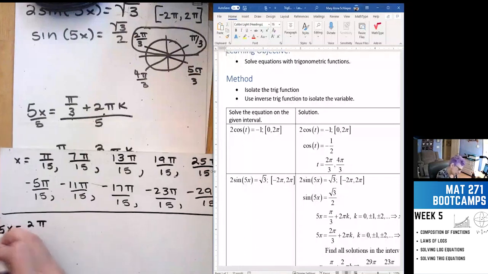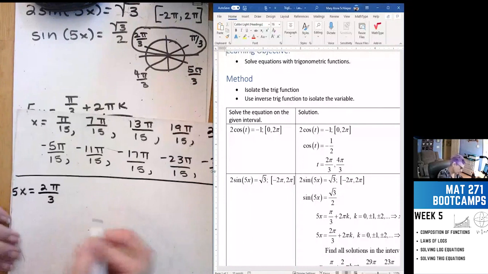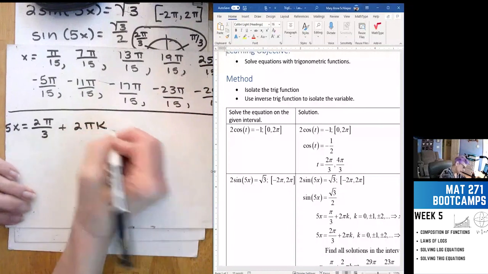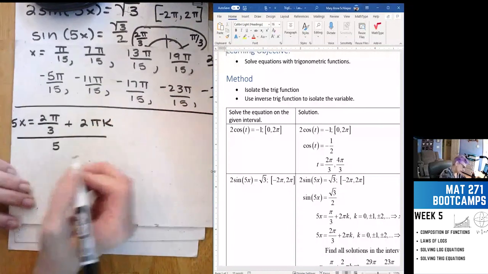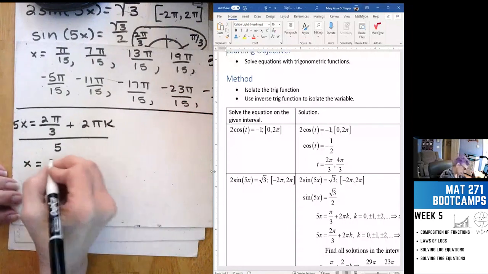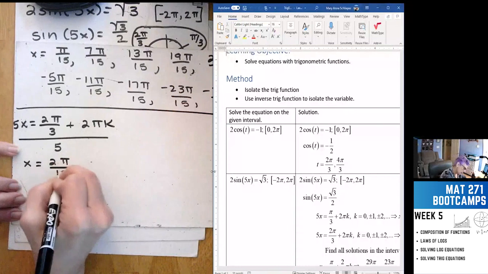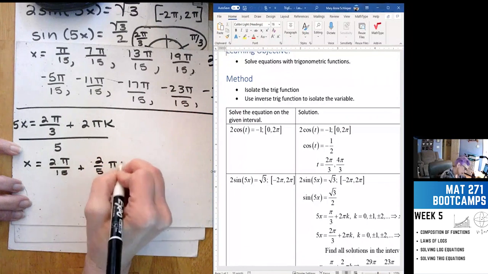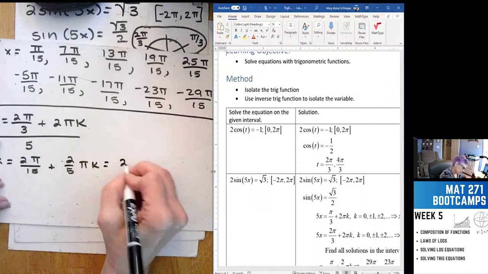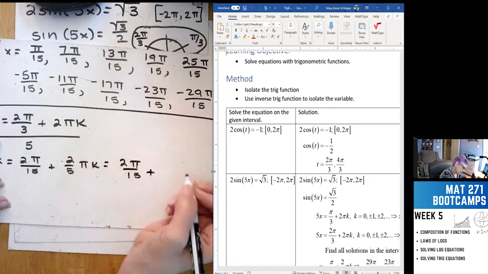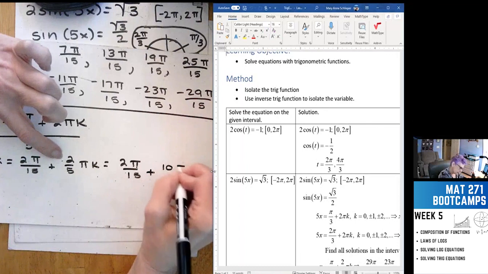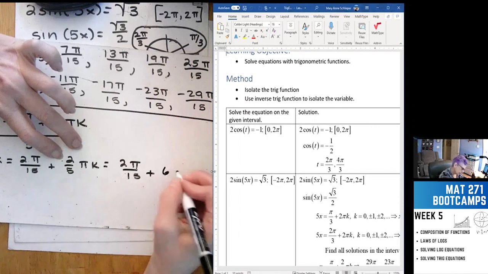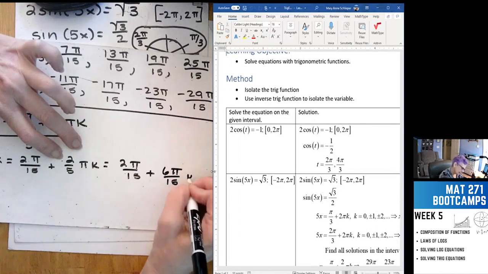5x equals 2 pi over 3 plus 2 pi k. So divide everything by 5. x equals 2 pi over 15 plus 2/5 pi k, which is the same thing as 2 pi over 15 plus, again, 6 pi over 15 k.